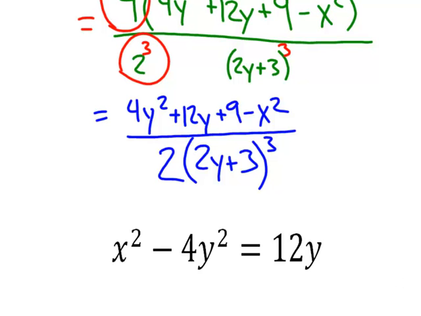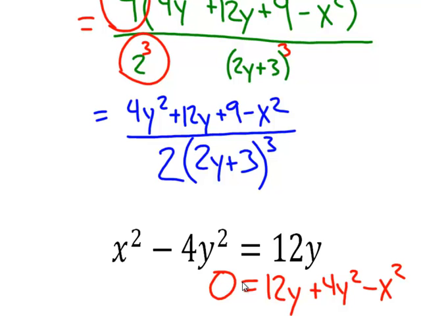Let's rearrange that original equation and see what we can then do to really greatly simplify our numerator in our second derivative. Let's move everything to one side in that original equation. Let's keep the 12y over here, and let's add the 4y squared and subtract the x squared over so that we have just a 0 on the left. Okay, you buy that?